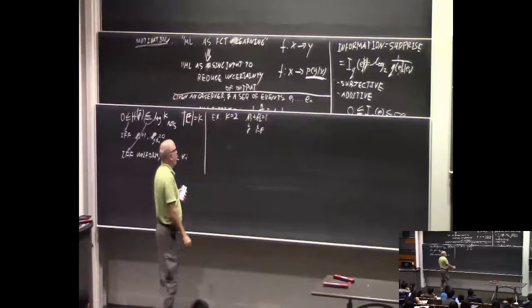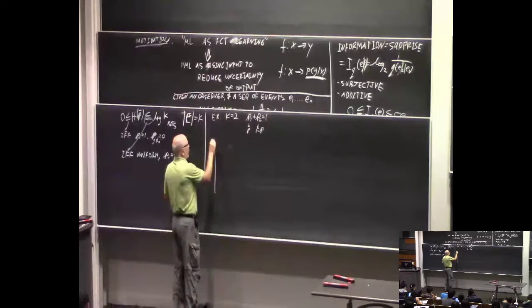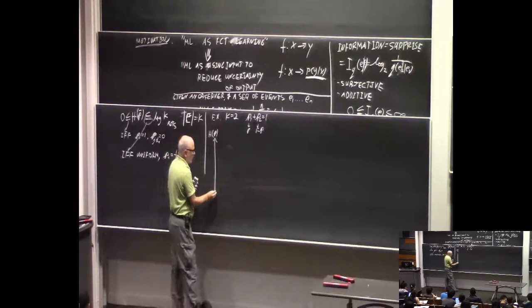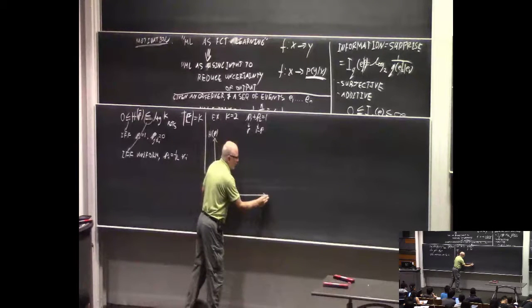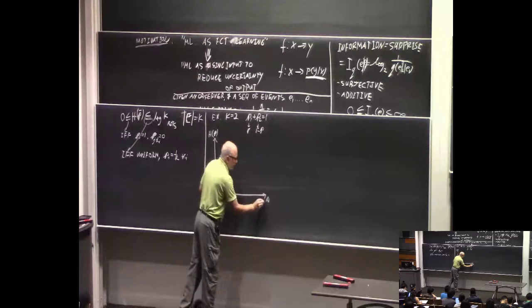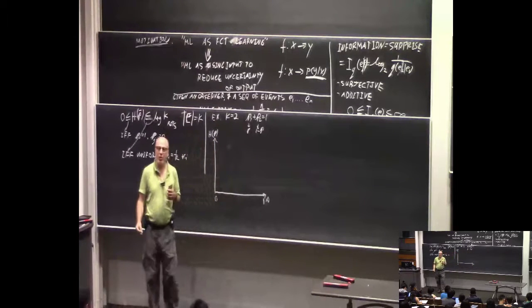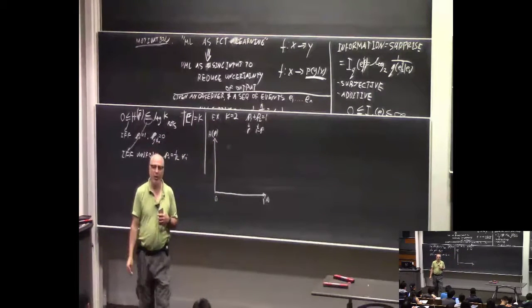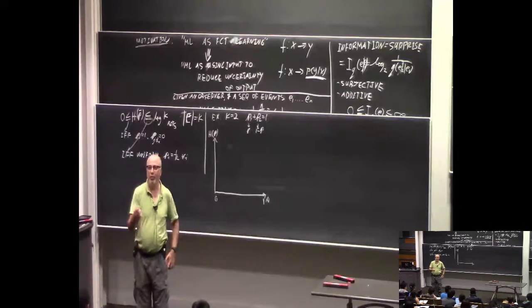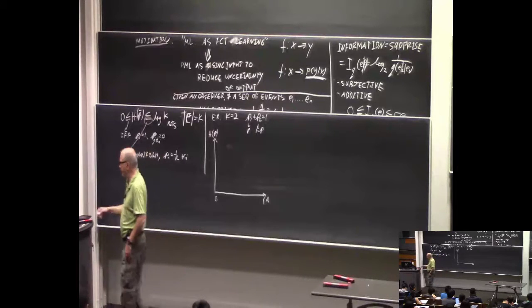And now I can calculate the entropy as a function of P, which is effectively a function of both of these things. P can take on values between 0 and 1. And for each one of these values, I can calculate the entropy. It corresponds to the probability of heads, the entropy of the probability of heads being a particular value.